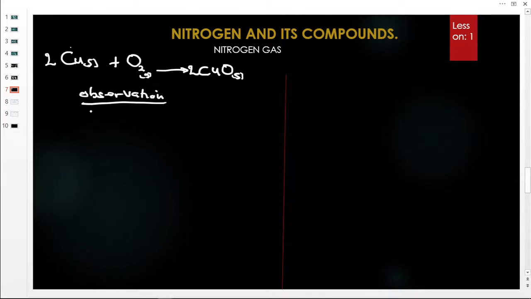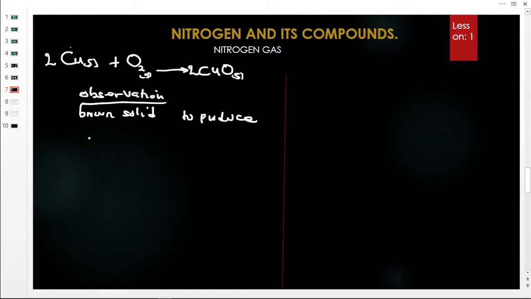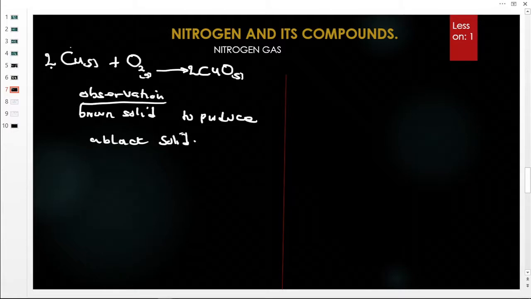So observation made: the brown solid reacts with oxygen to produce a black solid, and this black solid is the copper(II) oxide. The brown solid is copper, then after reacting with oxygen, it becomes a black solid, that is copper(II) oxide.